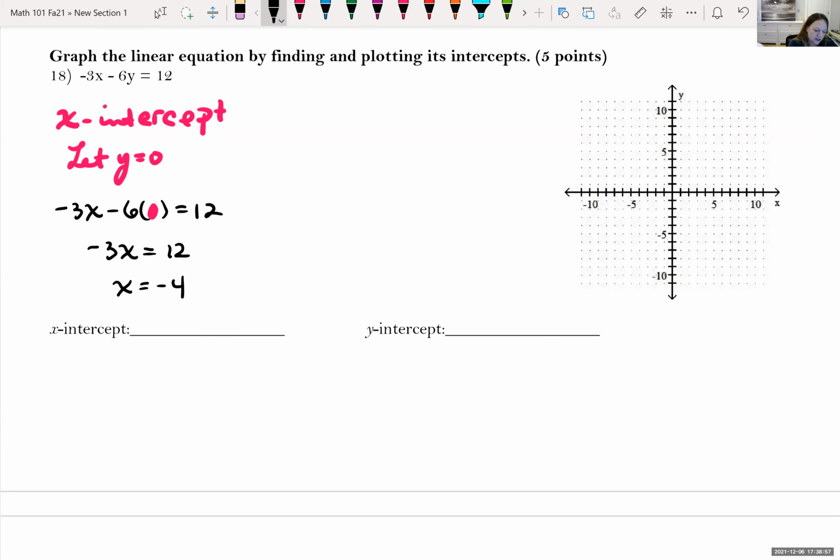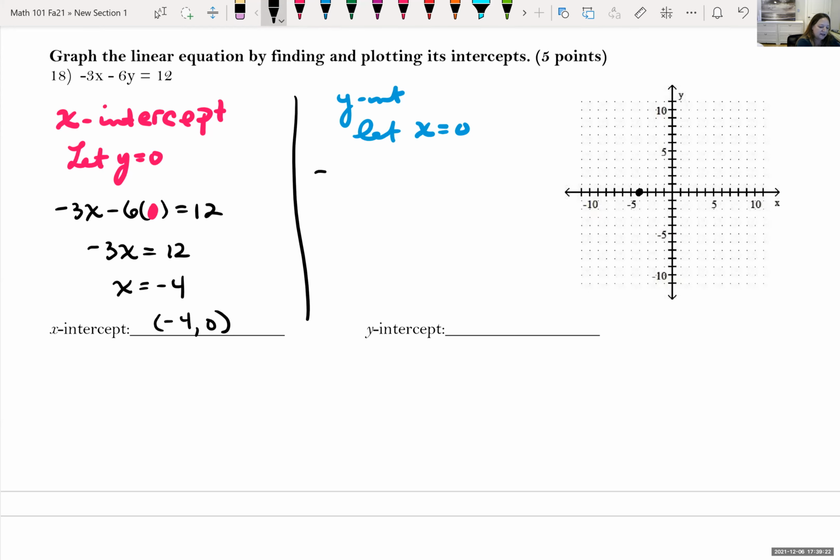So we have an x-intercept. Oops, I plotted on the wrong side, it is -4. It's right here. So if I wrote it as a point, it would be -4, 0. Our y-intercept, we're going to let x equal 0.